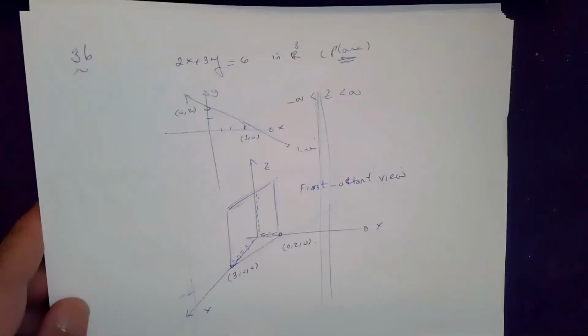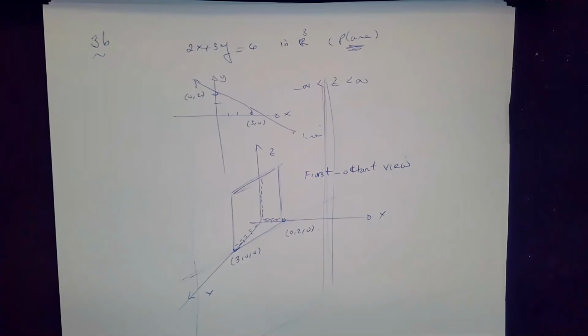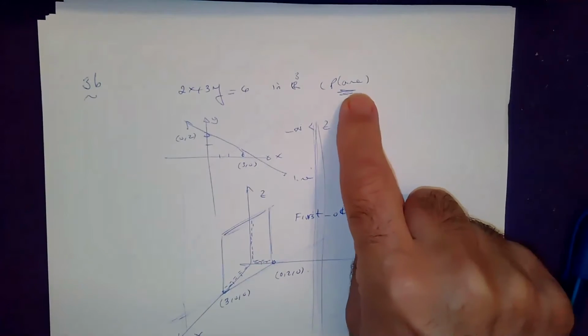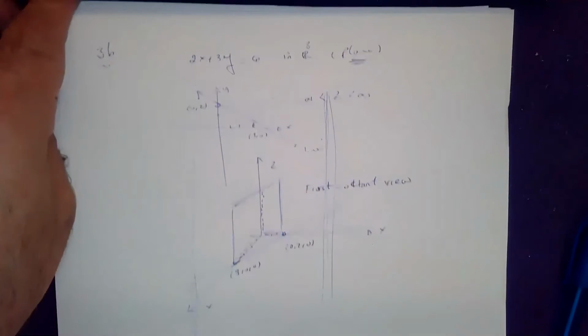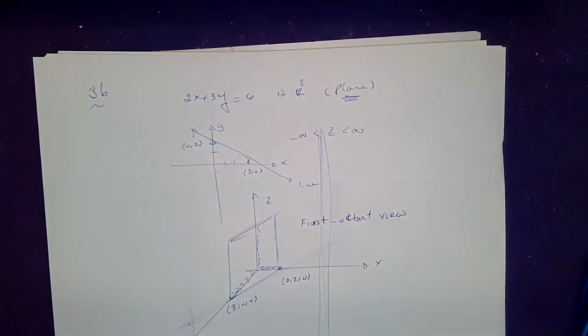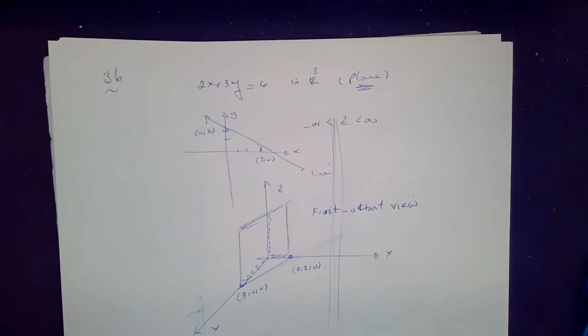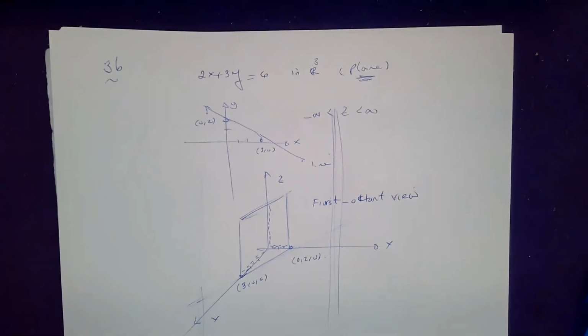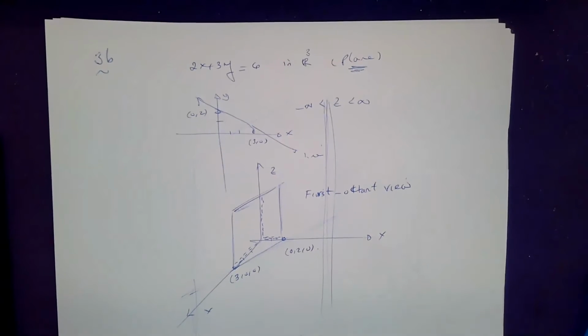Just to give you a heads up, we're going to have a few problems on graphs, which you will be asked to graph and also mention the name of the graph. What is it called? Make sure you distinguish a plane from a cylindrical surface, from an ellipsoid, from an elliptic paraboloid.